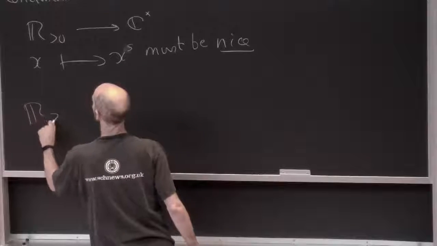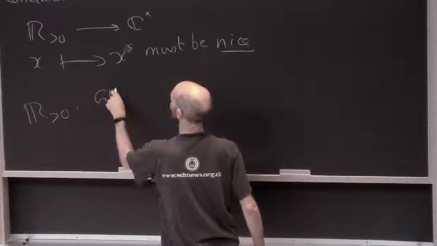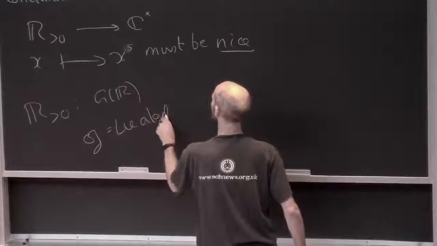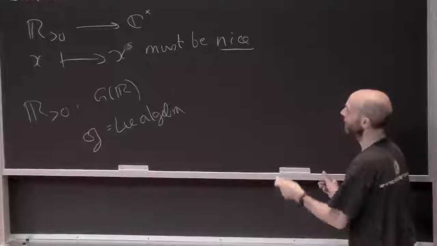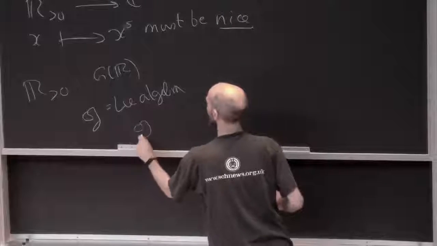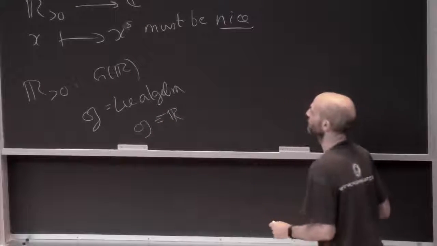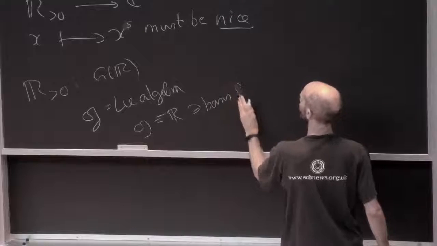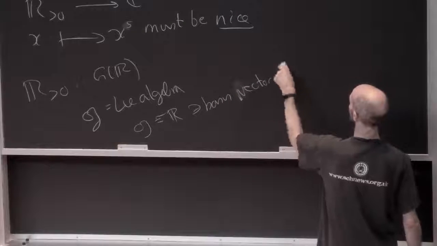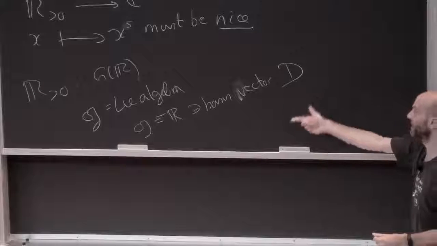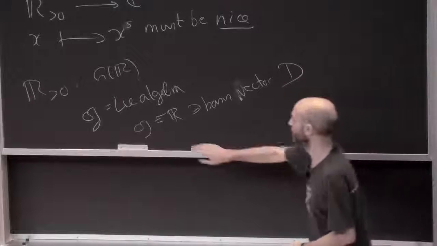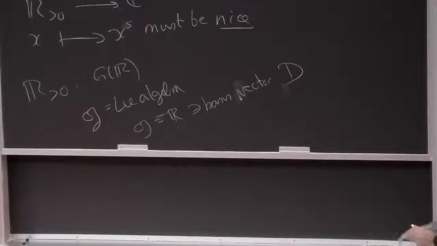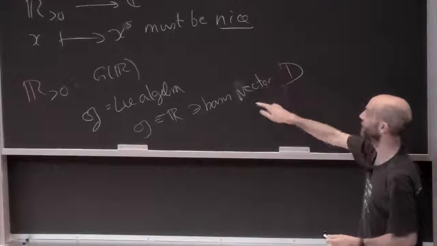So R bigger than 0, if that's my Lie group, then my Lie algebra is generated by, so of course it's just isomorphic to the real numbers, a one-dimensional vector space, so it contains some basis vector, let's call it D. D is basically the number one, this curly G is the real numbers, and this D is the number 1. But I'm not thinking of it as a number, I'm thinking of it as a differential operator.